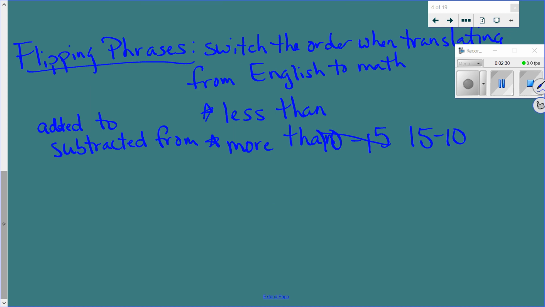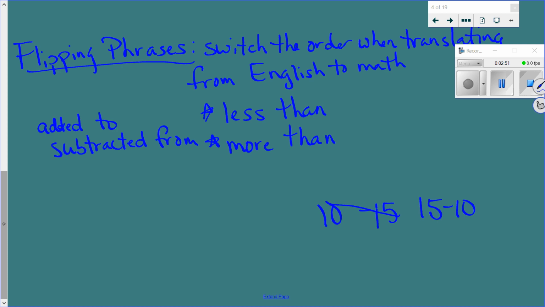A couple big properties are the commutative property of multiplication and addition, and we do not have a commutative property for subtraction. So if it's a subtraction problem, you're going to be completely messed up if you get the order wrong.